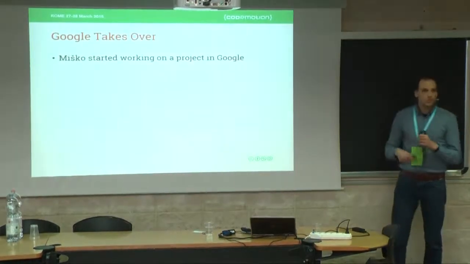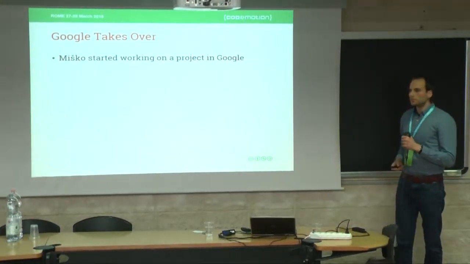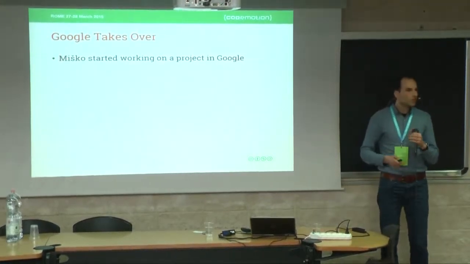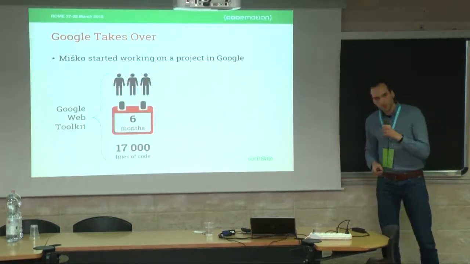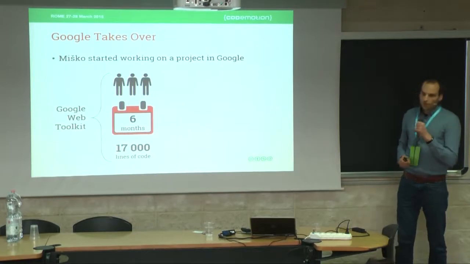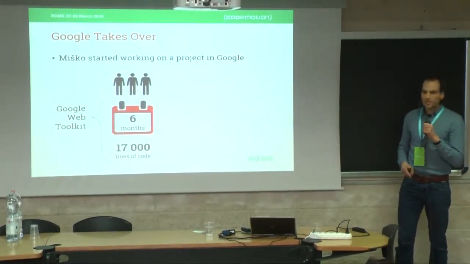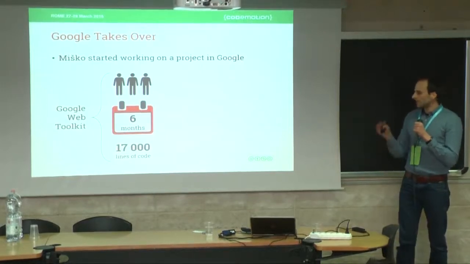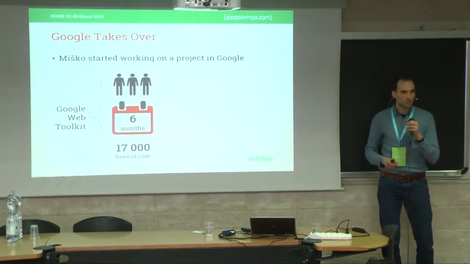At some point, Mishko started working at Google. There he was working with Google Web Toolkit. He got a project, and together with two other developers, for around 6 months, they were using Google Web Toolkit. They managed to write 17,000 lines of code for that particular project.